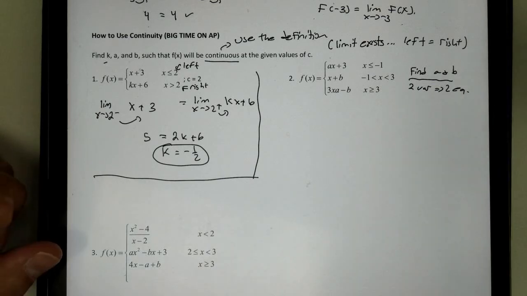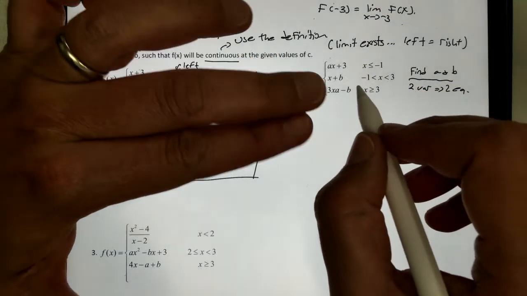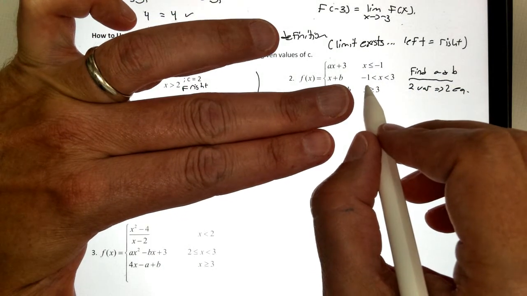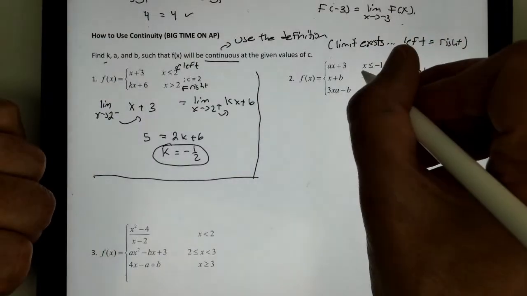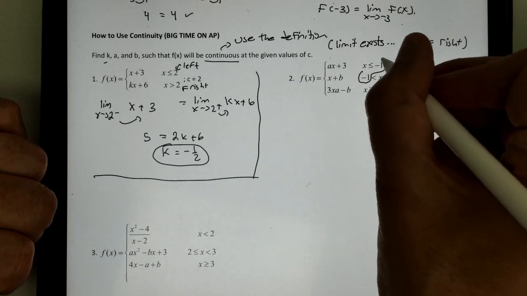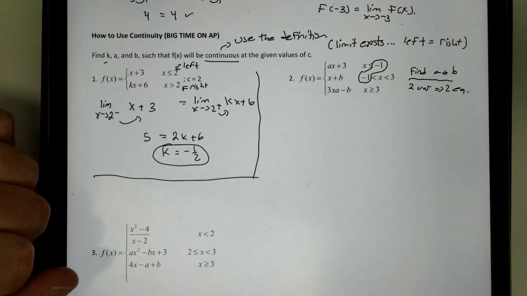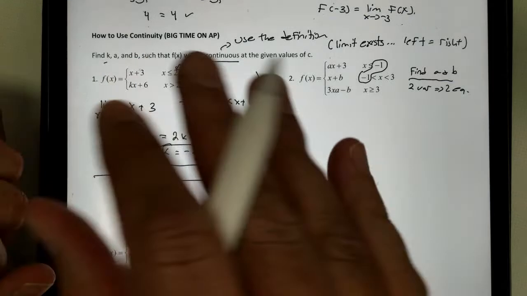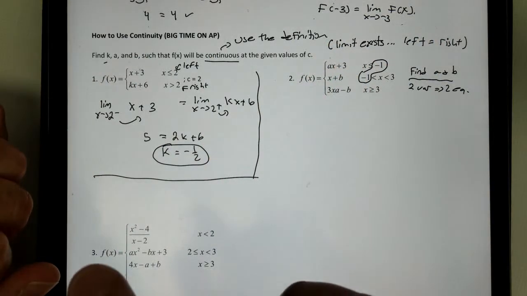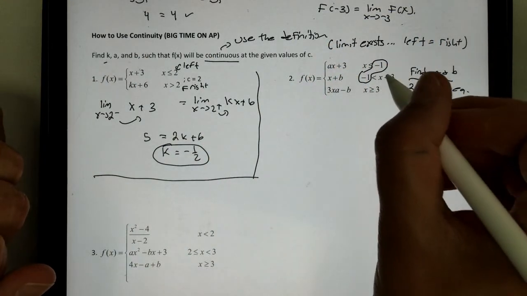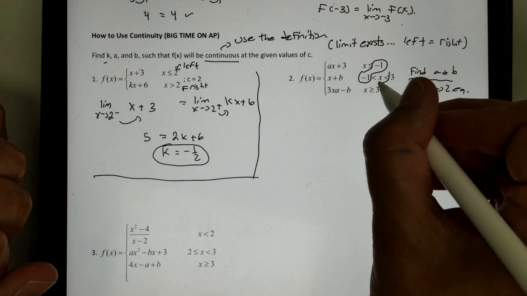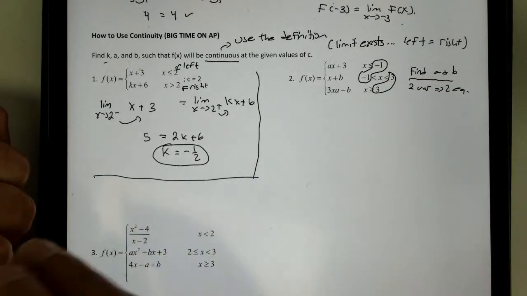We're going to come up with a system. If I only look at the first 2, there's this huge break at -1 right there. That's where they break up. So I know my first limit, I'm going to check at -1. My second limit, I'm looking at 3, where the next 2 kind of break up.